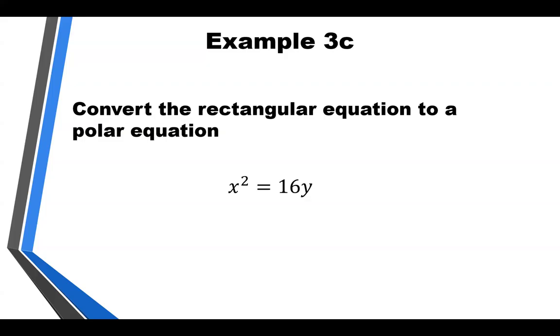When I do this, I'll solve for r in both cases. If you want to try these two cases on your own, push pause on the video. In a couple of seconds, I will do these and show you how that's done.